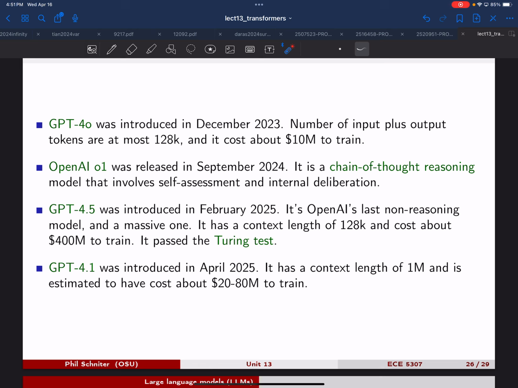He was thinking about machine intelligence, and he basically said the ultimate test is if you have a human expert reading a conversation between two entities, one human, one machine, and the expert cannot tell which is human and which is machine, then we've reached the point where the machine is, at least for conversation, as good as a human.